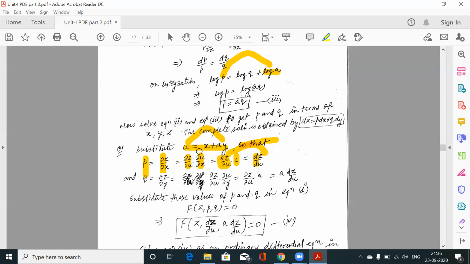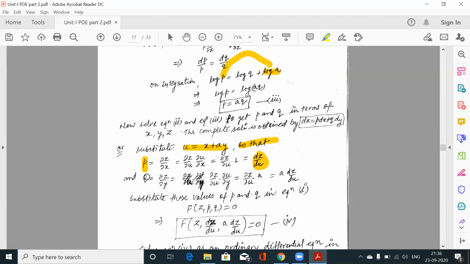So now z is a function of u only. If there is a single independent variable, then the derivatives are ordinary, meaning dz over du. So we write del z over del u as dz over du. So what we have got is the value of small p, which is dz over du.